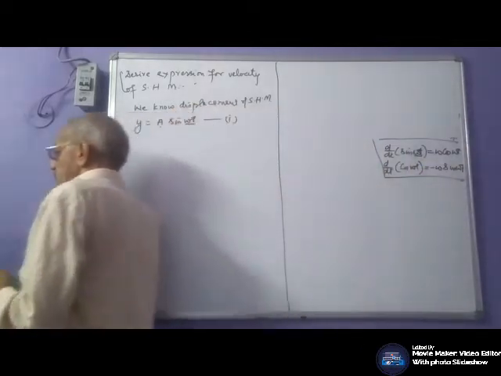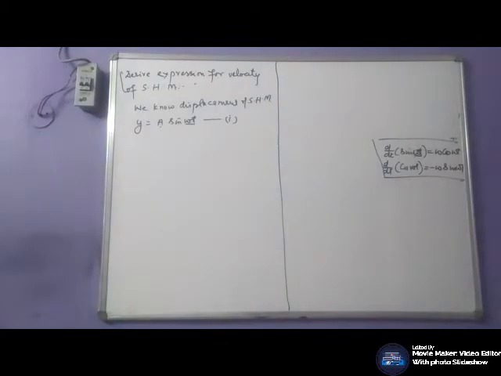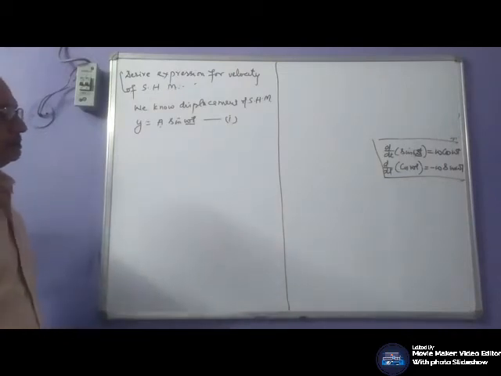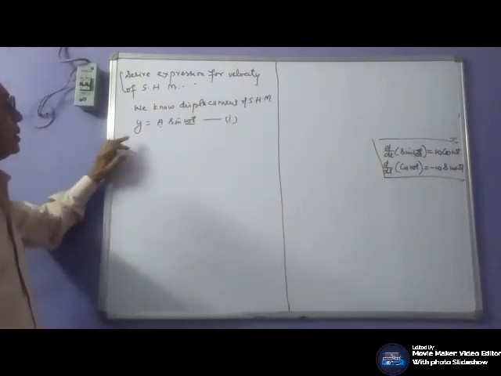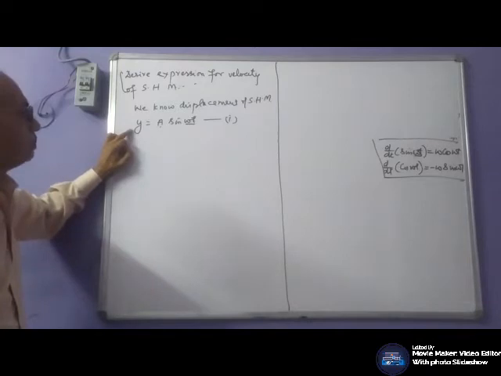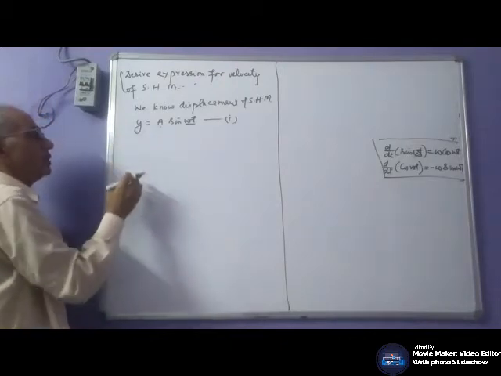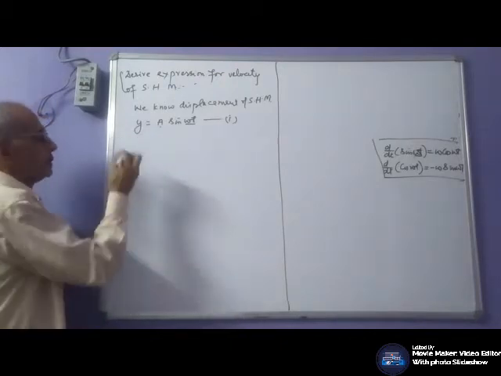Now back to the question. Derive expression for velocity of S.H.M. This is displacement. We know displacement is this. How do we get velocity? Velocity will be dy by dt.